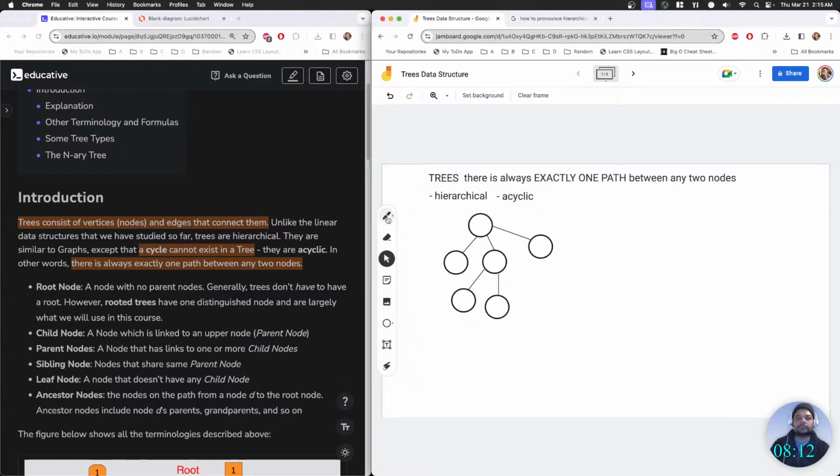Let's see. Linked list is just this and that. So now it's left and right. And that will have a left and right. This will have a left and right. That will have a left and right.